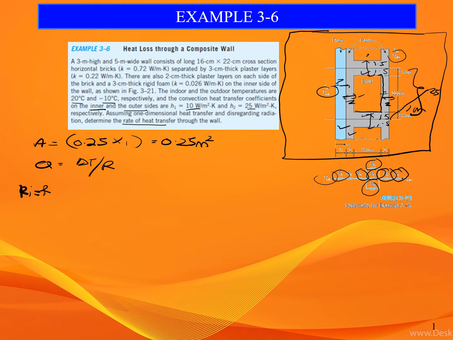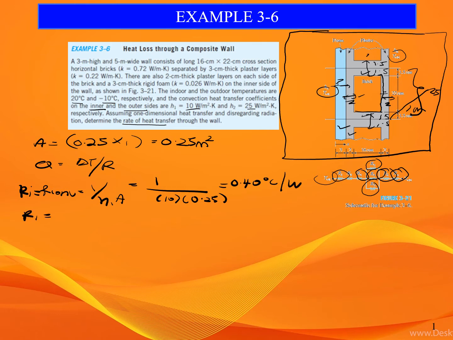So our convection resistance is equal to 1 over H1A. H1 is 10, A is 0.25. So the answer would be 0.4 degrees Celsius over watt.